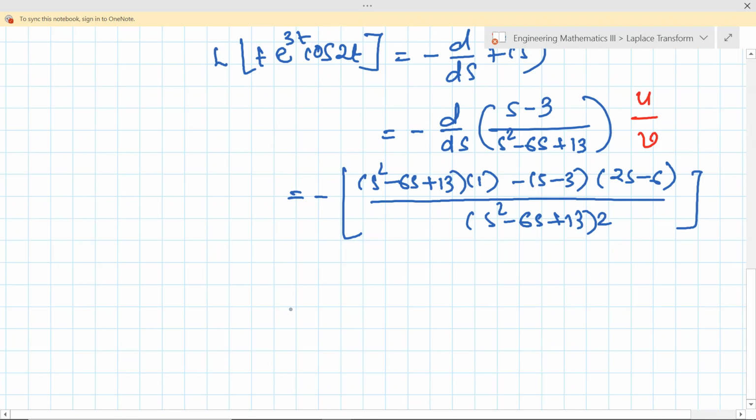So after simplification, what I get: minus, as it is, s square minus 6s plus 13.